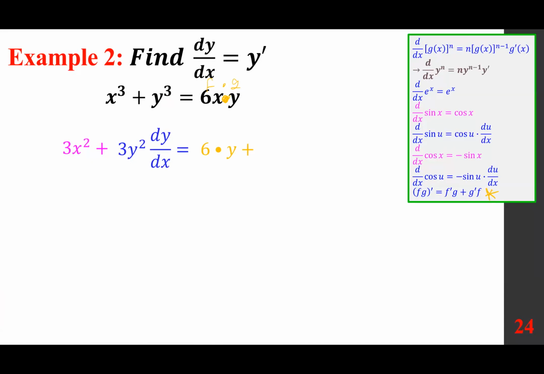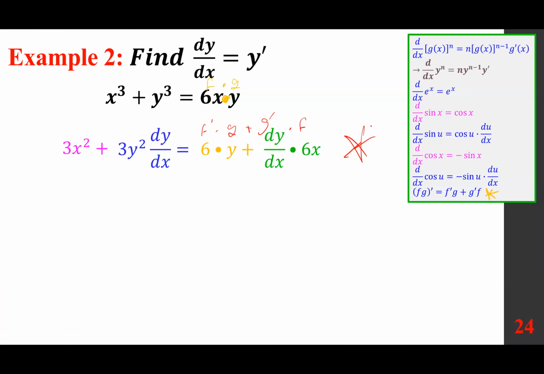Since we use dy dx on the left side, we're going to use dy dx times f, which is 6x. So we would write this is f prime g, this is g prime f, and we're done. And I'm going to put an asterisk here.